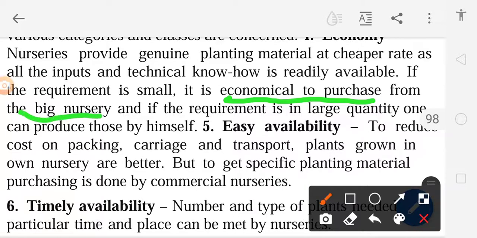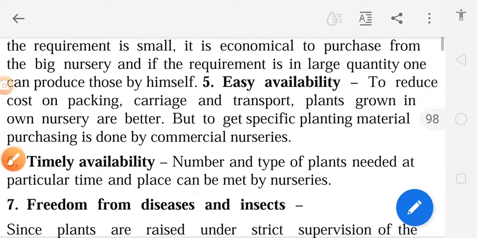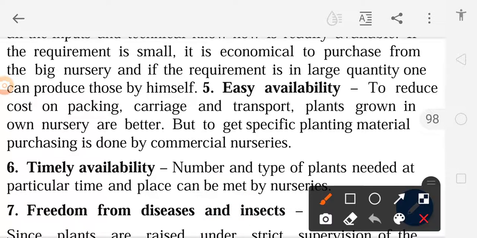For the big nurseries, we have to purchase in bulk, in larger quantity. So we also have to produce in larger quantity. Then whatever we produce should be very easily available to the customers.